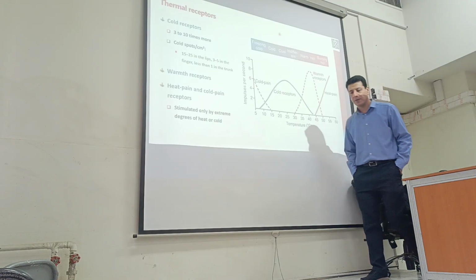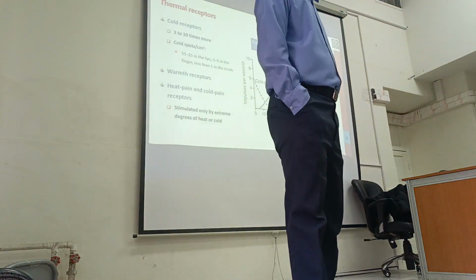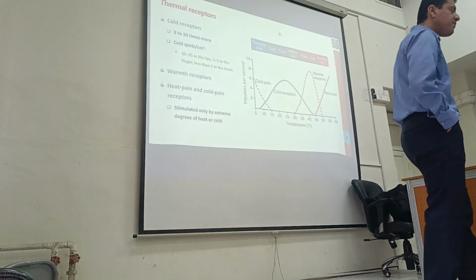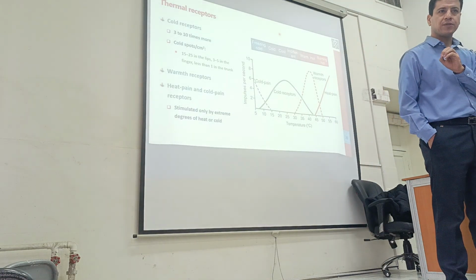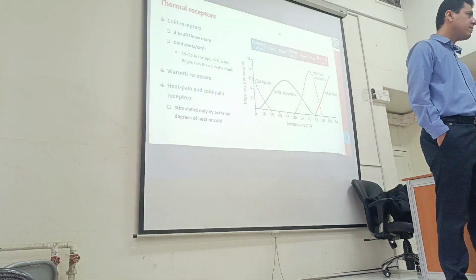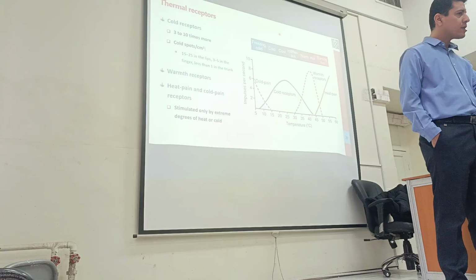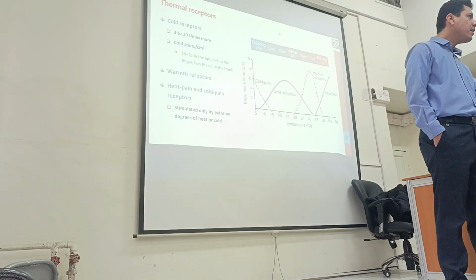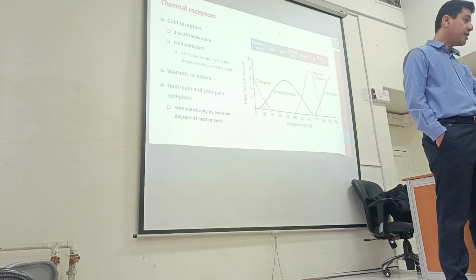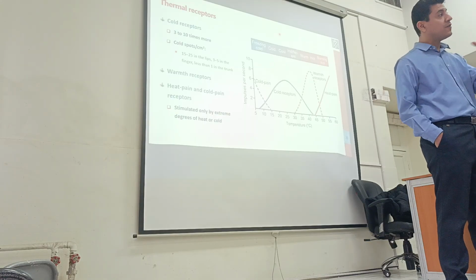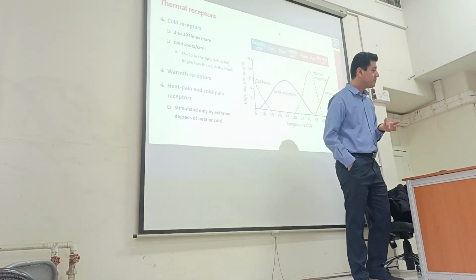So now let me talk about temperature, and after that we can have a break. Right? So we have 4 types of receptors for temperature: cold receptors, warm receptors, heat pain, and cold pain. So they are pain receptors, these two, but they are involved in the feeling of temperature, right?